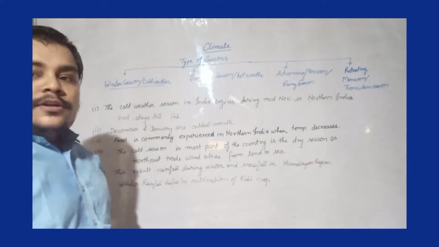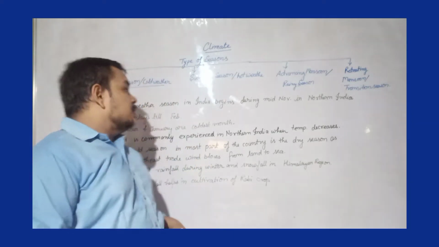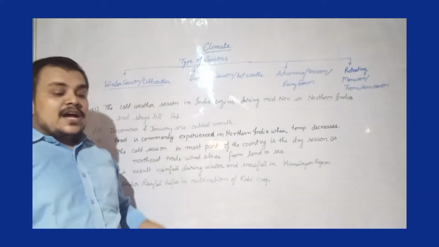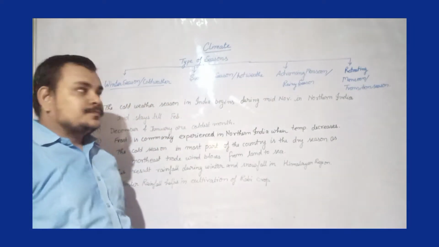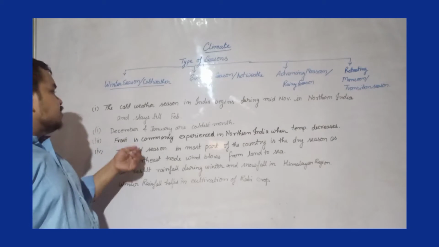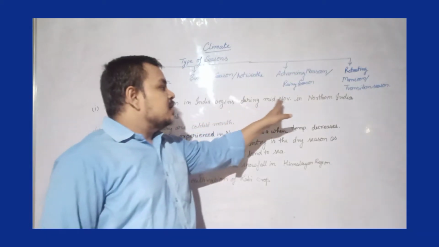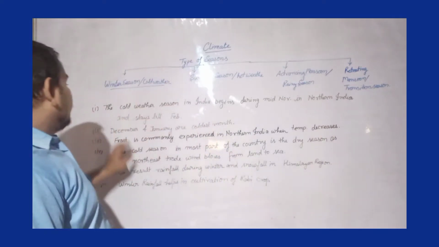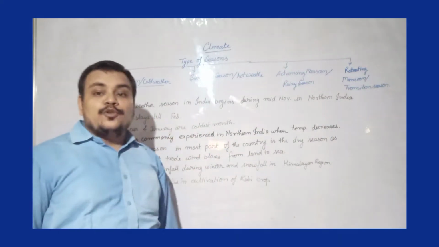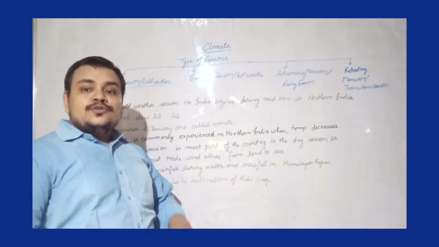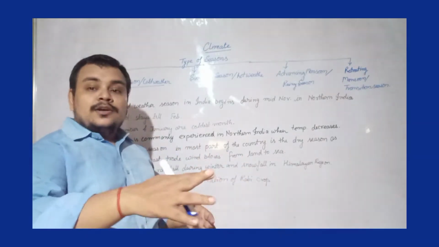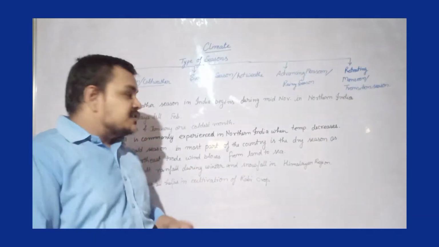Now we are going to study the features of the winter season, or cold weather. So the first feature: the cold weather season in India begins in November in North India and stays till February. As you see in our areas, we are living in the plains and facing this.